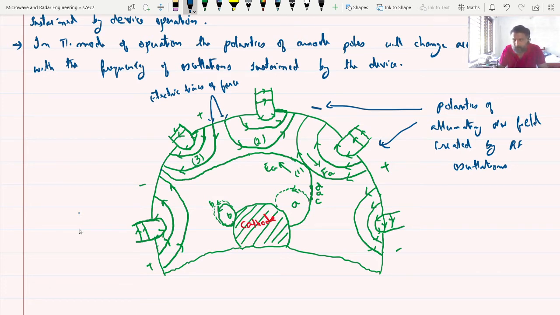In this way, the favored electron like A spends a considerable amount of time in the interaction space, and finally strikes the anode surface.